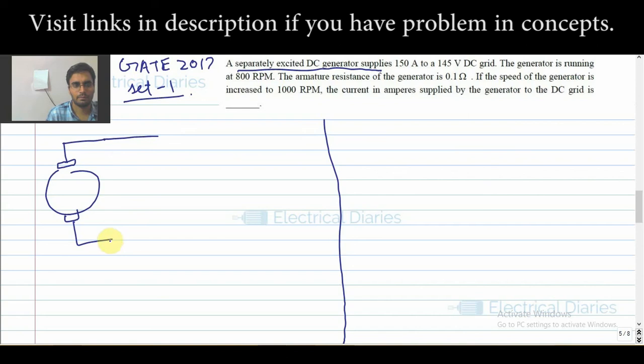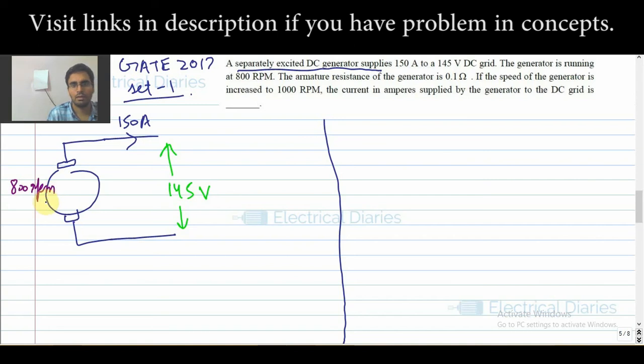A generator supplies 150 amps to a 145 volt DC grid. So that means the terminal voltage is 145 volts. The generator is running at 800 rpm.